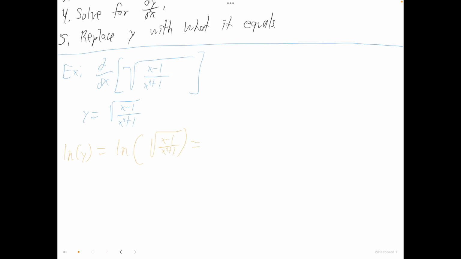Now everything's square rooted, so we can pull a 1/2 out of the logarithm to get 1/2 log of x minus 1 over x to the fourth plus 1, which is 1/2 times ln of x minus 1 minus ln of x to the fourth plus 1. Just breaking up over subtraction, because log of a division becomes subtraction.